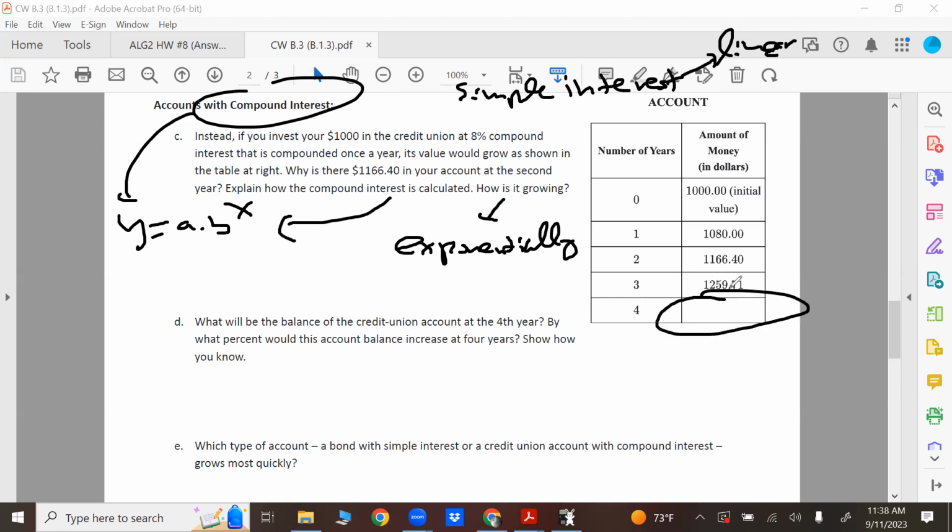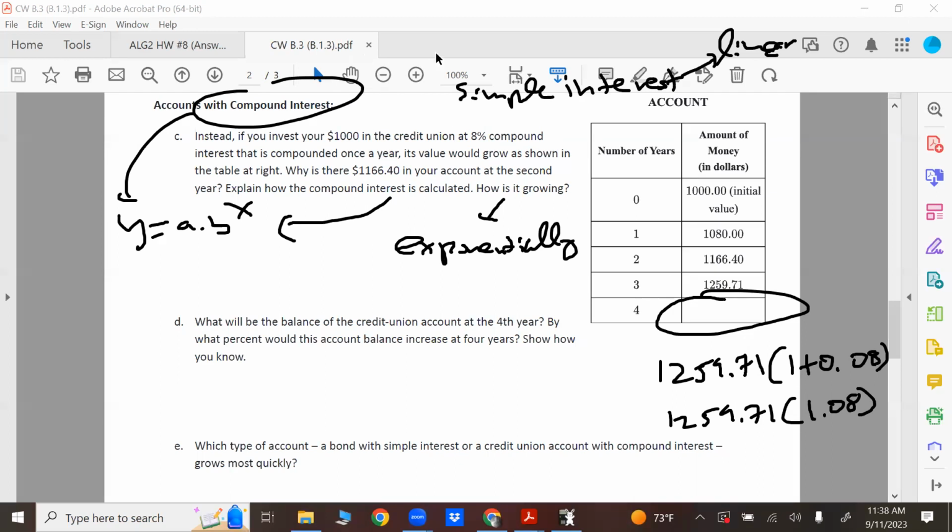So how do you think I'm going to get this next one here? What do you think I'm going to do? Yeah, you're going to multiply that by 1 plus 0.08, because you're multiplying by that ratio over and over again. You have to do 1 plus 0.08 because the rate's 0.08, but it's a growth, so it's 1 plus that number.